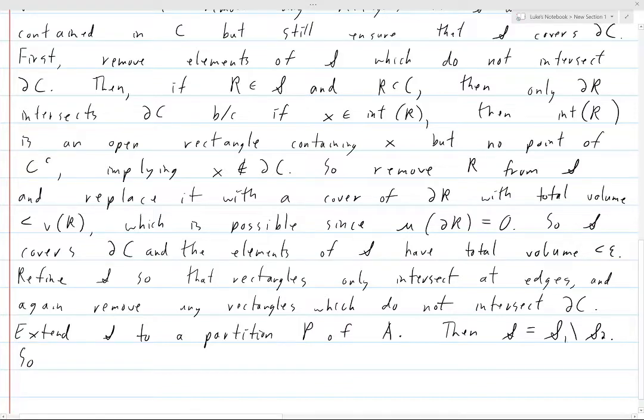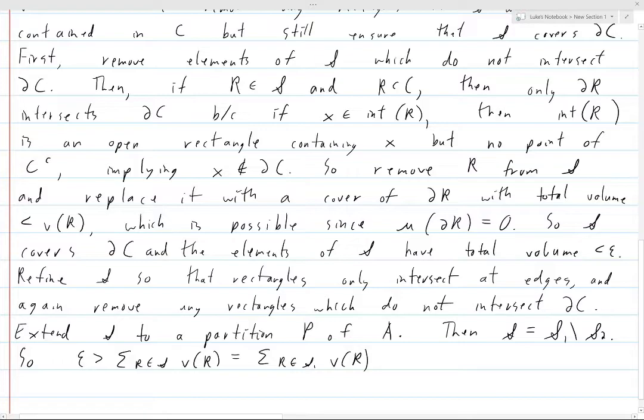So what this means is that epsilon, remember, this is greater than the sum over all rectangles in S of the volume of R. But S is equal to S1 set minus S2. So this is equal to the sum of anything in S1, the volumes, minus the sum of anything in S2, the volume.